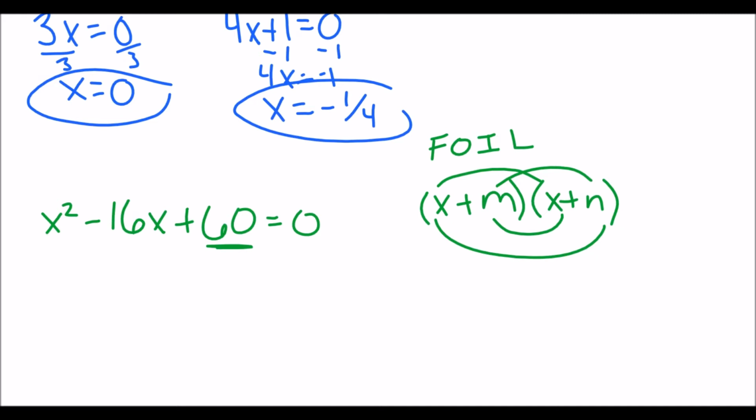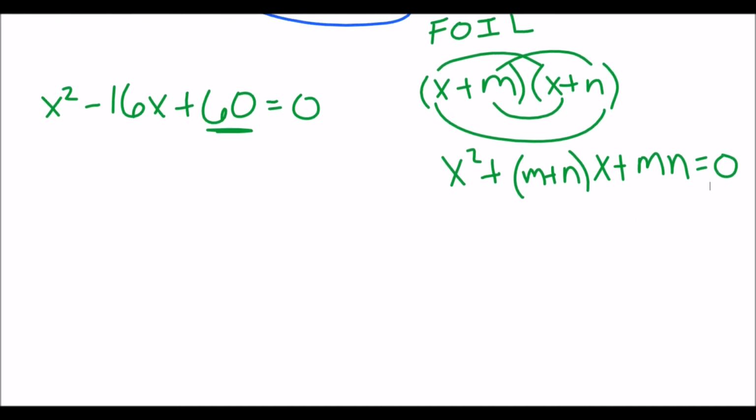If we use FOIL on this, we get x squared plus m plus n x plus mn equals 0. That's kind of how factors and a quadratic in standard form relate. What I like to do is usually make a chart for these, and it helps me solve them.